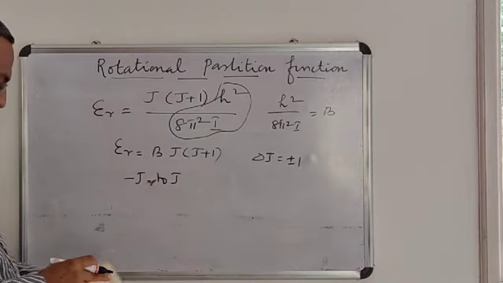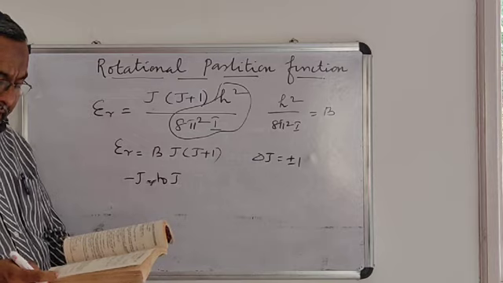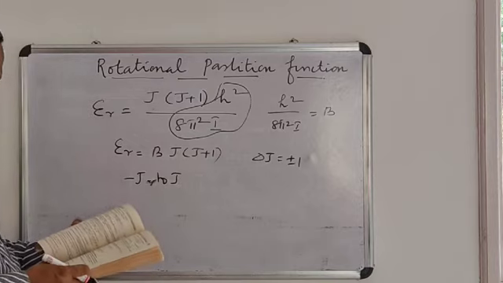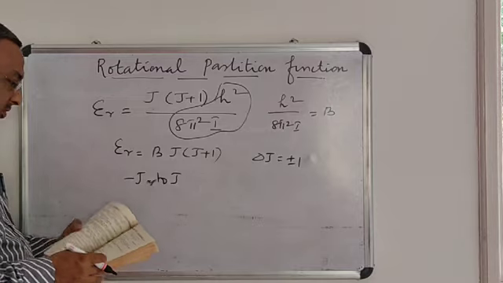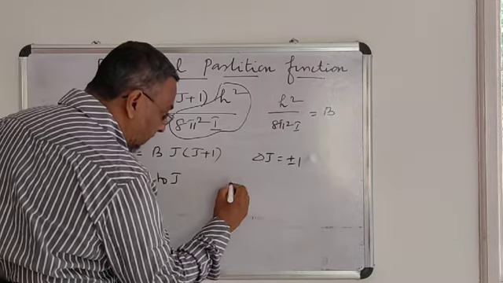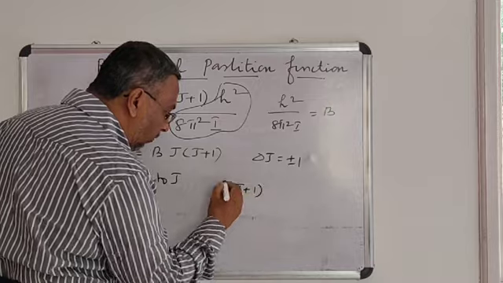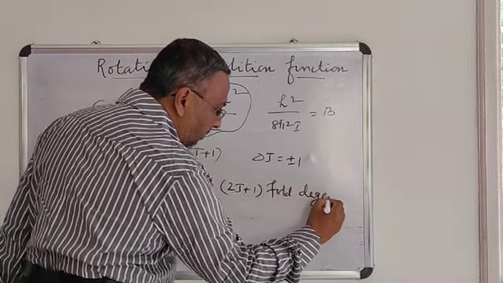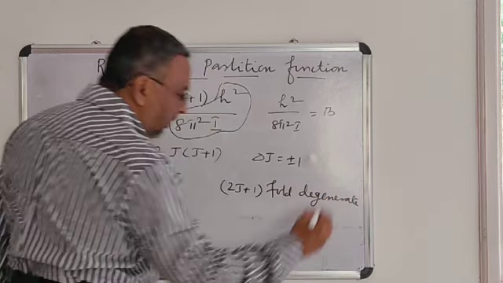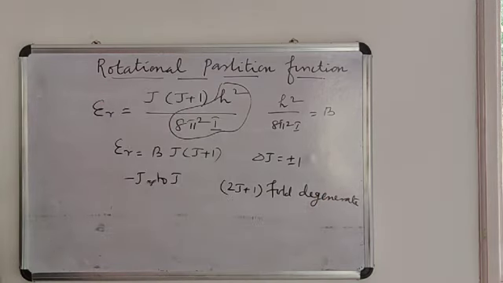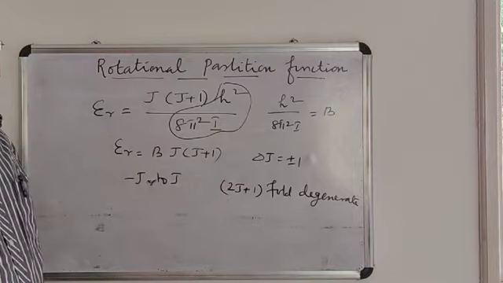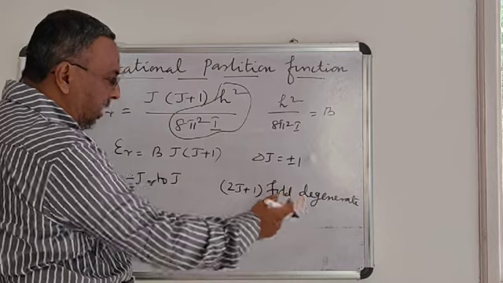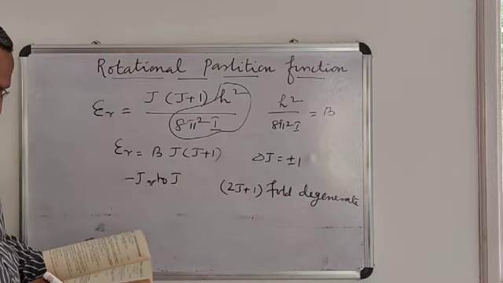The energies do not depend on the quantum numbers, so every energy level is 2J plus 1 fold degenerate.